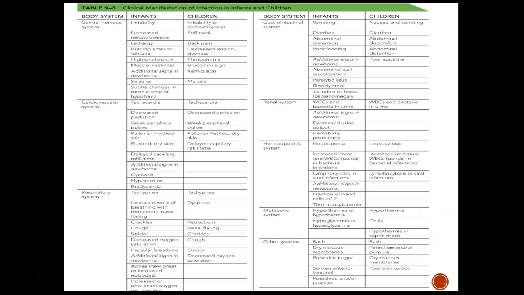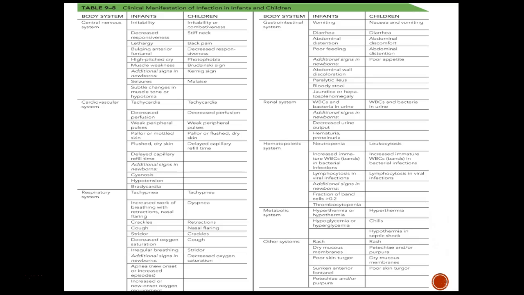For the GI system, specifically in infants, we'll see poor feeding. We'll see abdominal wall discoloration possibly, and maybe even jaundice. For children, poor appetite, or they may have abdominal distension, and these kids may actually complain of stomach pain.